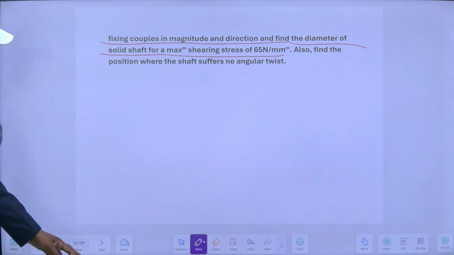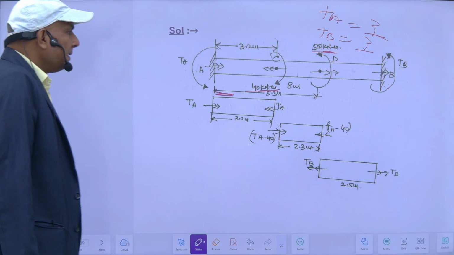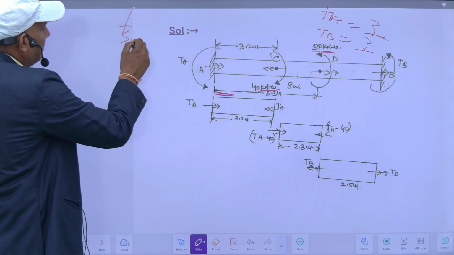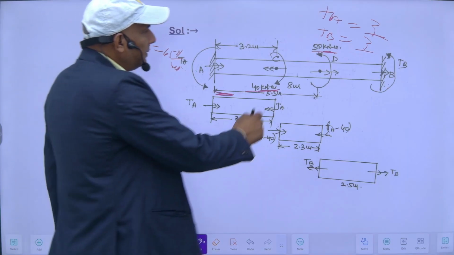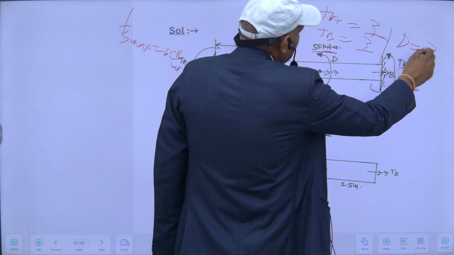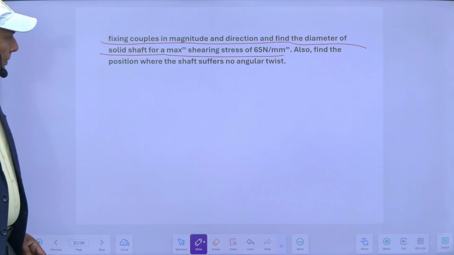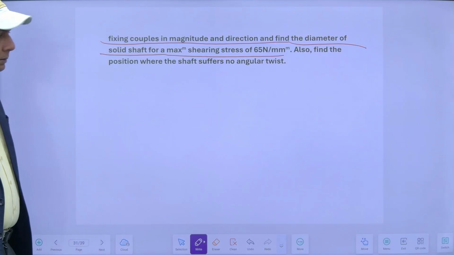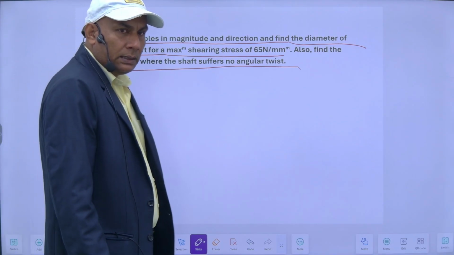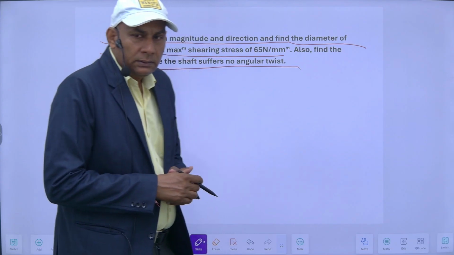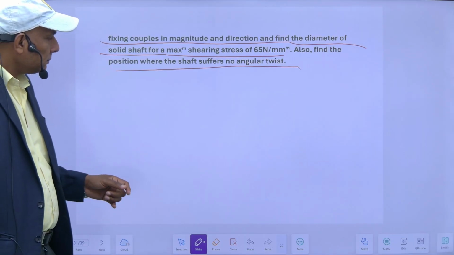So diameter of the solid shaft, suppose this diameter is not given, so he has given the maximum shear stress Fs maximum is equal to 65 Newton per mm square. So diameter of the shaft is also to be calculated, and the position where the shaft suffers no angular twist. Another thing is that where our angular twist is 0, that is also to be measured.